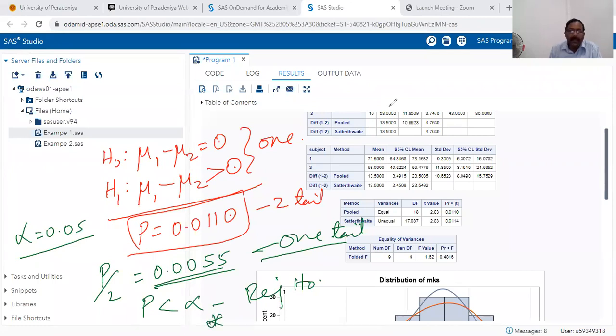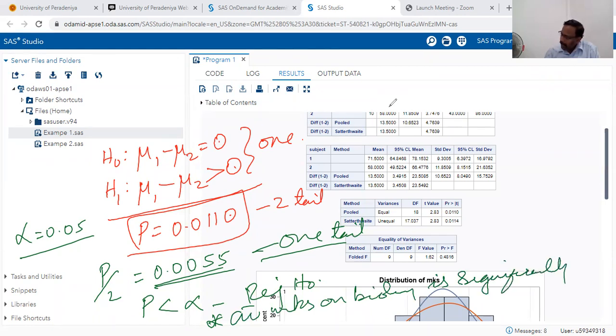So our conclusion is, we could say that on an average, the average marks on biology is significantly higher than the average marks of mathematics.